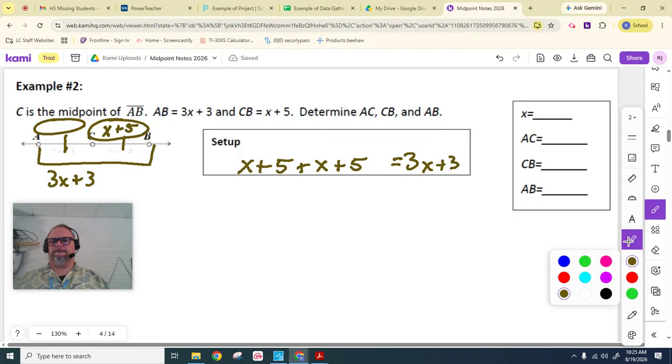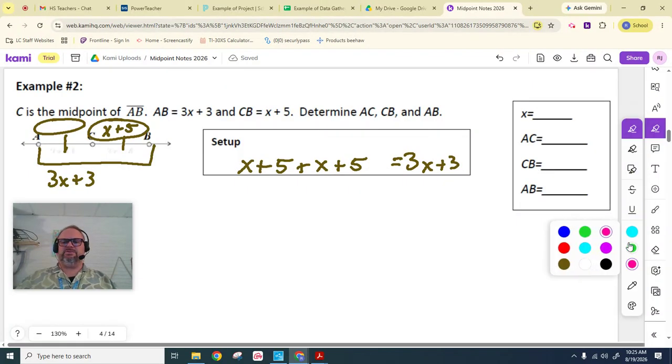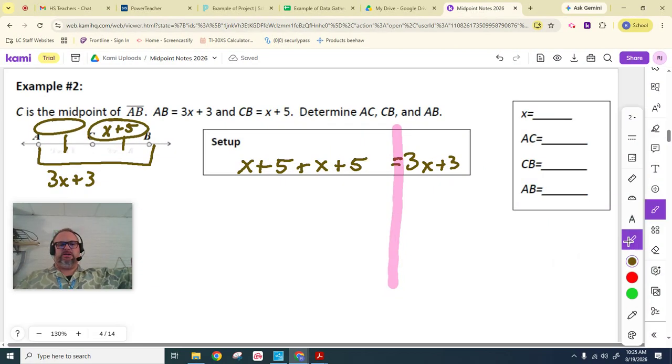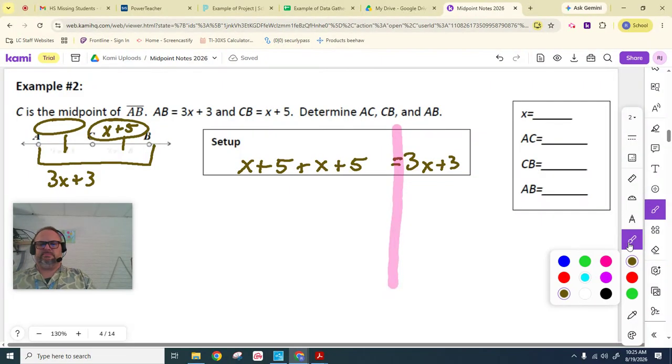Because remember, they're equal to each other. Okay? I'm given this one. We already should know that this is the same thing. All right, now, let's combine like terms. I have one X and another X. Okay, let's see. It's Wednesday. Y'all are in 9th grade.